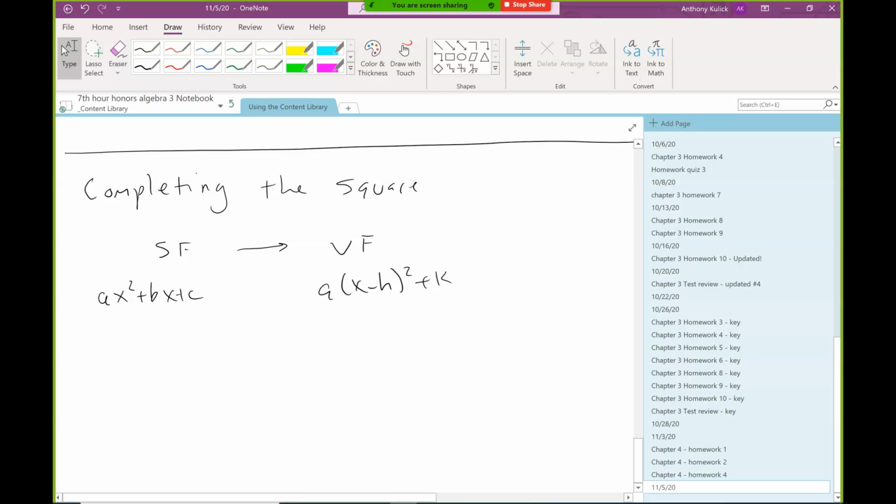So I'm just going to do some examples, and then along the side we'll write out the steps that we're using as some justification. Okay.